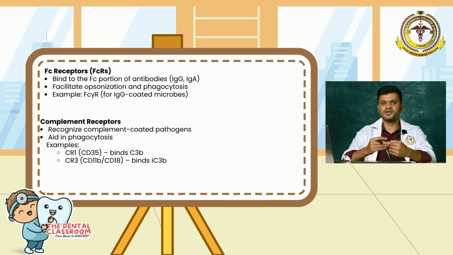C3A receptors, C5A receptors. Why are these receptors very important, especially the complement receptors? After neutrophils come out of the blood vessels, they have to travel towards the site of injury. They cannot go into other sites. The neutrophil has to know where the site of injury is.